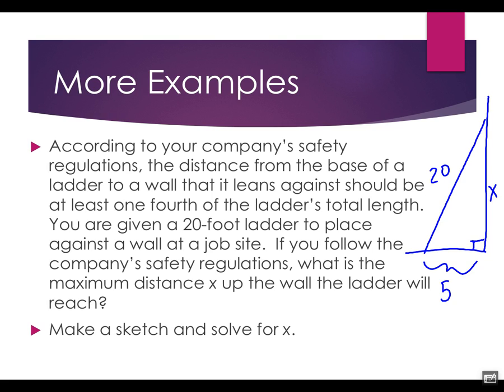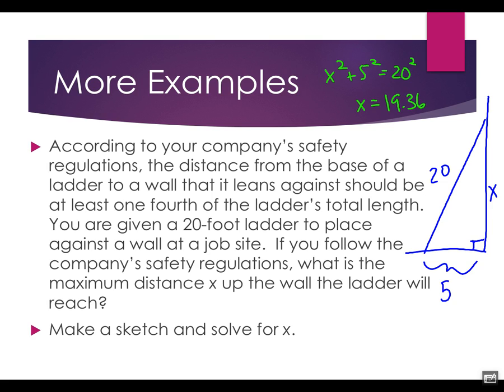All right, what'd you do next, Katie? And then I set up the equation x squared plus 5 squared equals 20 squared. Did you do that correctly? Yes, because 20 is the hypotenuse. When you did that, what'd you get for x? 19.36 feet. Somebody confirm? Yep. Good.